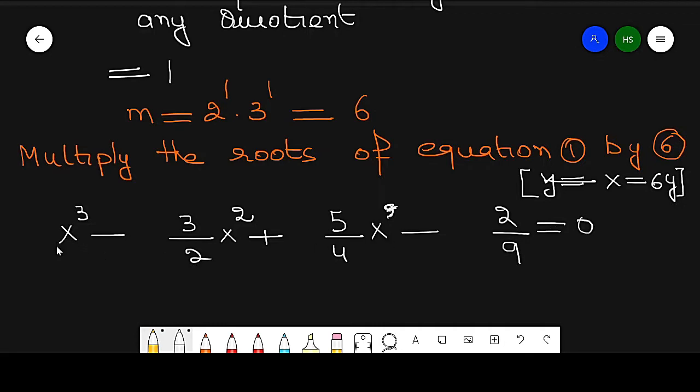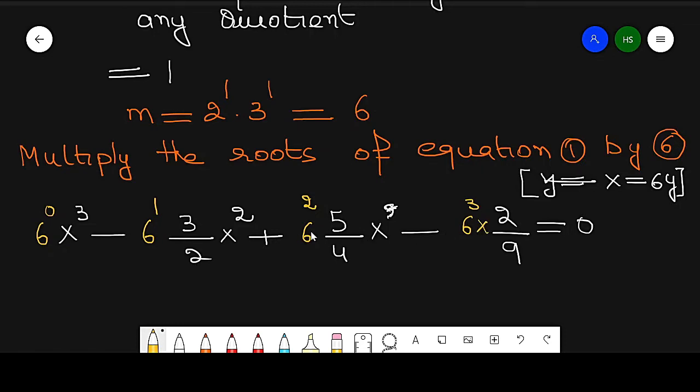Now remember, if we transform the equation whose roots are multiples of m, the first term is multiplied by m raised to power 0, means 6 raised to power 0. The second is 6 raised to power 1, the third is 6 raised to power 2, and the last is 6 raised to power 3.